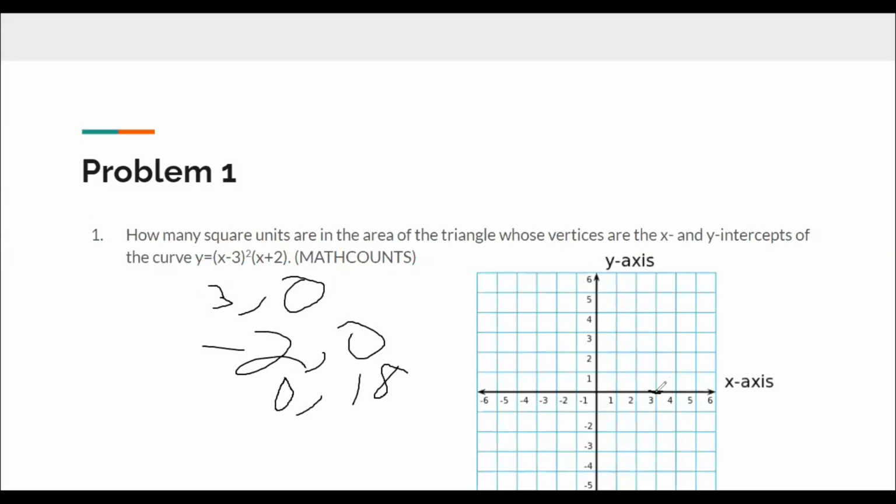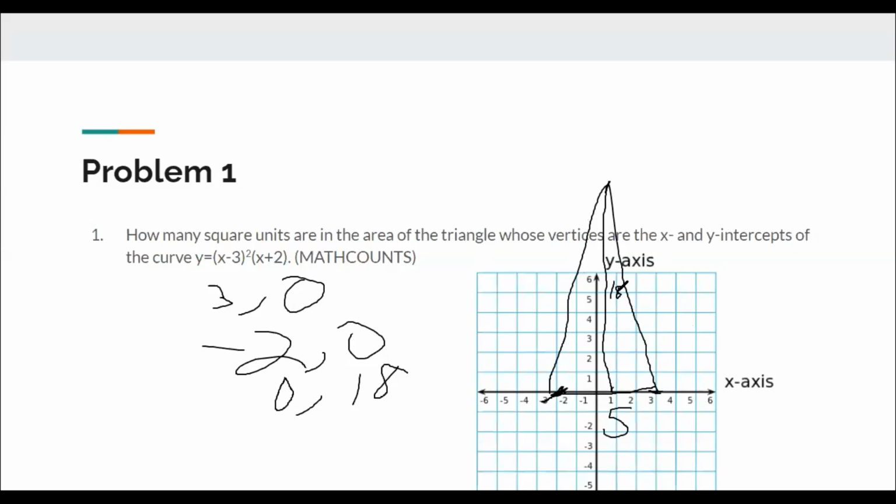So if I graph them now, if you could do this fast, in Math Counts, I want to recommend graphing them actually, because it's pretty easy to notice that this is your standard triangle where the base is, okay, so your base is clearly of length 5, because 3 comma 0 to negative 2 comma 0 is 5, and your altitude is going to be 18, because this is 0 and it goes up to 18.